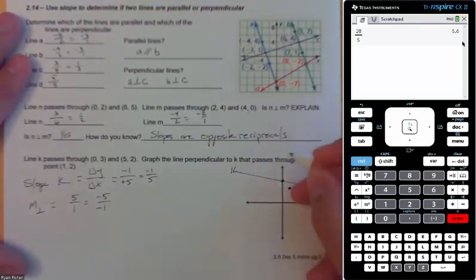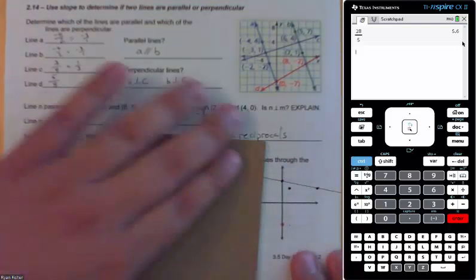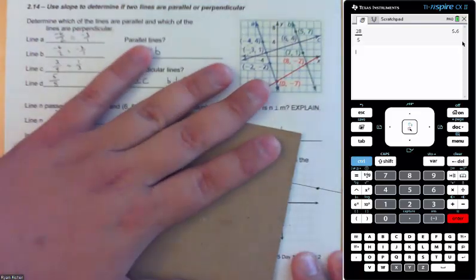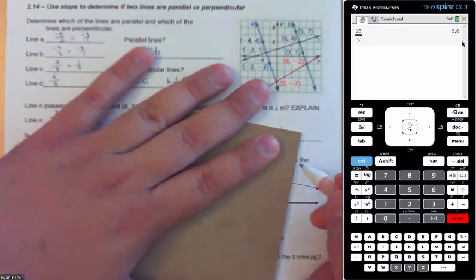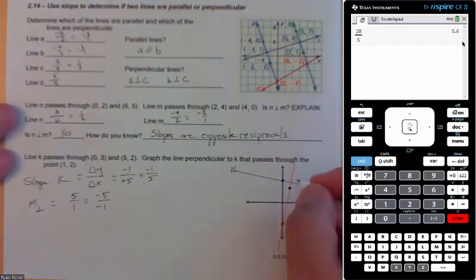So I don't have to go up and right, I could go down and left. 1, 2, 3, 4, 5 and left 1. There we go. That stays right on my piece of paper. And I will use my straight edge here to draw my line that is perpendicular.